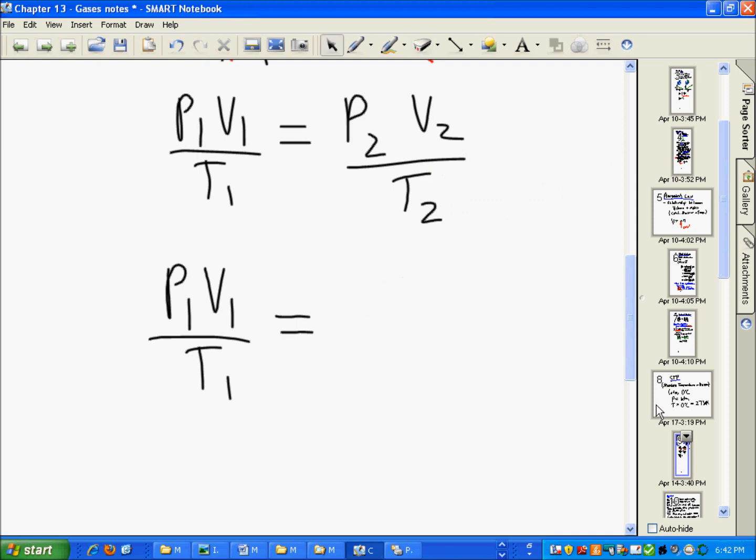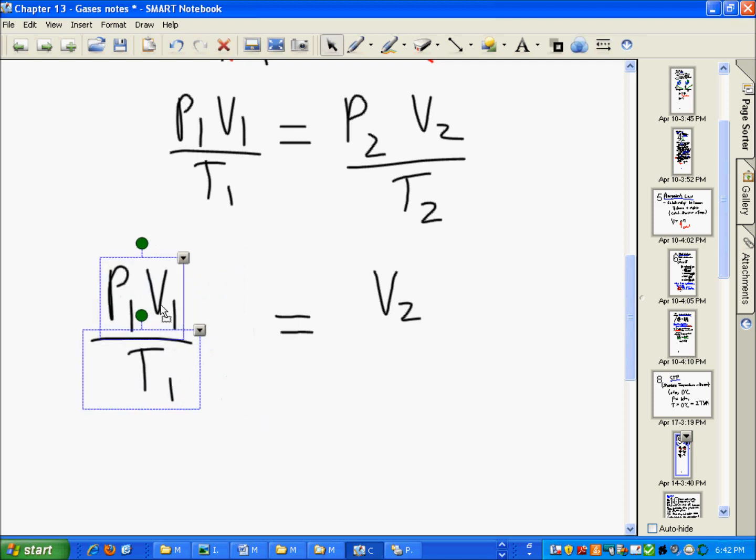That's better. So it's V2 we want. So we have to move P2. P2's on top. Where's it going to go when we move it? On the bottom. And T2 is on the bottom. Where's it going to go when we move it across? On the top.